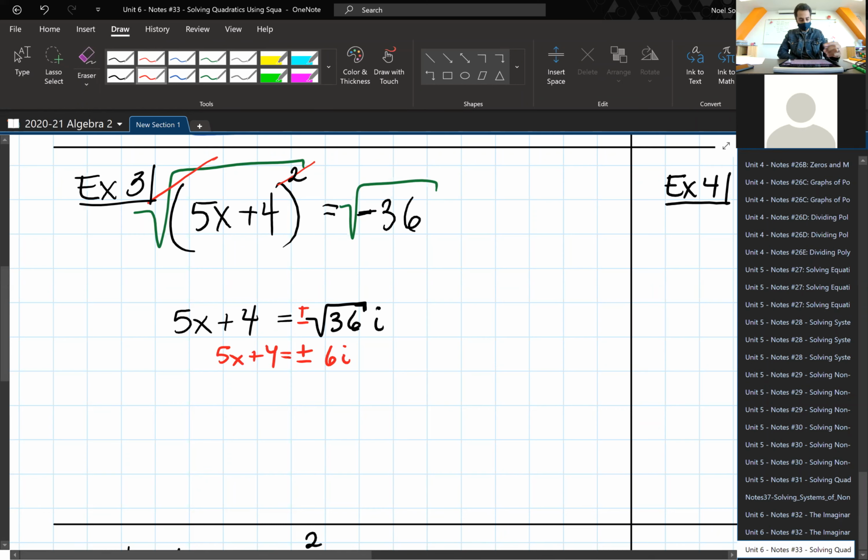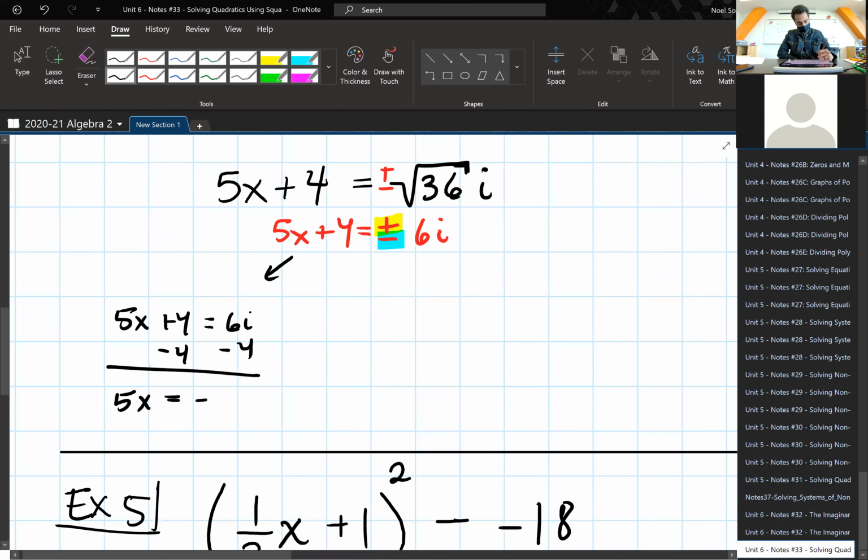All right, so once again here, we're going to use the positive version for one equation and the negative version for a different equation. So we have 5x plus 4 equal to 6i. We want to solve for x, so we're going to subtract 4 from both sides. 5x is equal to negative 4 plus 6i, right? See how one value is imaginary, one number is a real number. They don't mix, right?